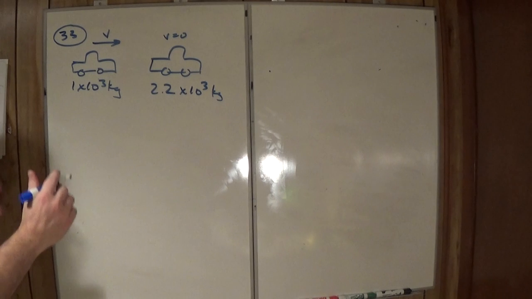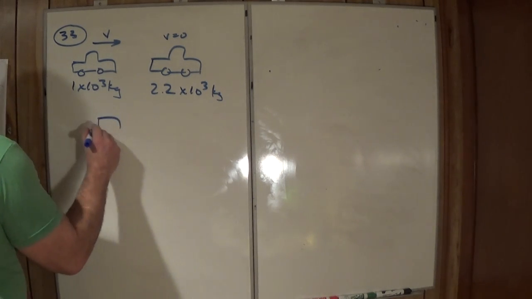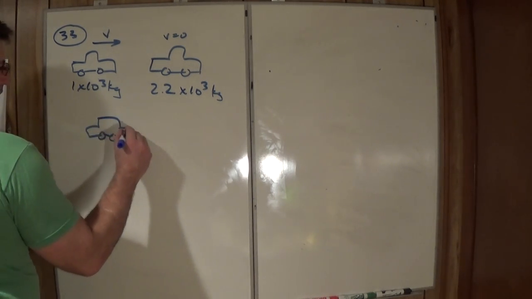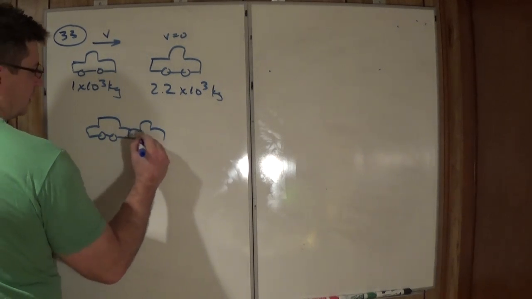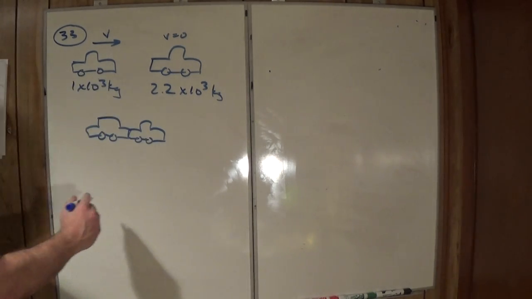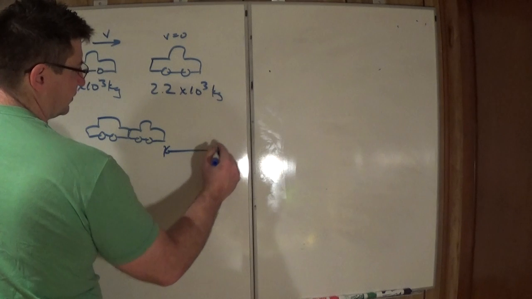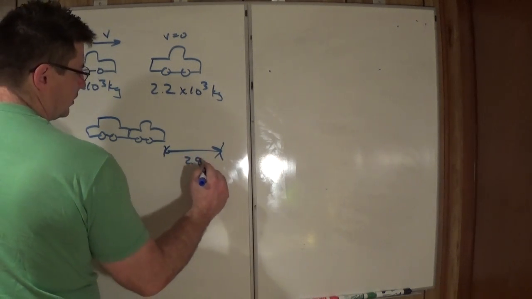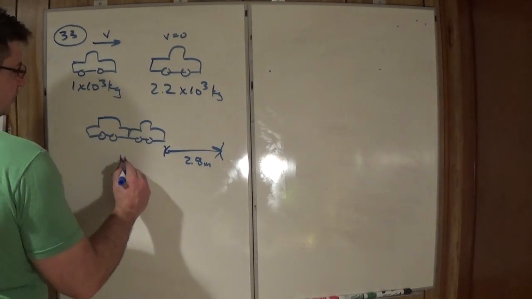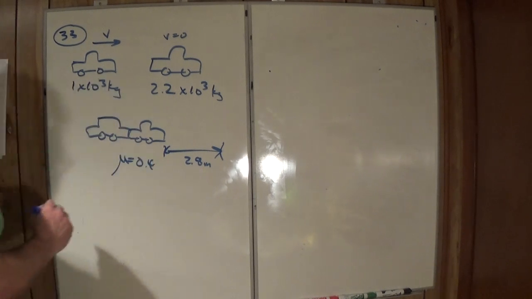And then the two cars lock together and they slide 2.8 meters along a surface with a coefficient of friction of 0.4.